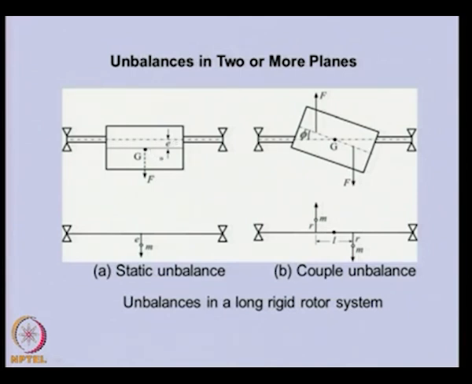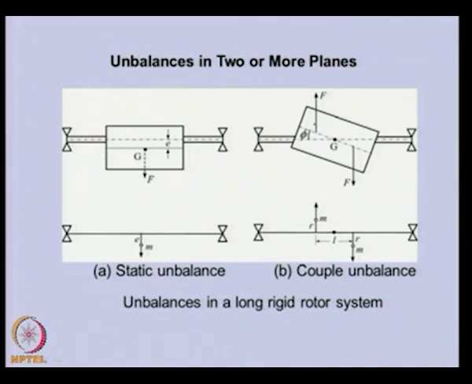The effect of the centrifugal force will basically act at the middle, and we can balance this rotor using a single plane. That means we can balance it with static balancing itself, because once we are balancing in this single plane, the static balancing method is applicable.